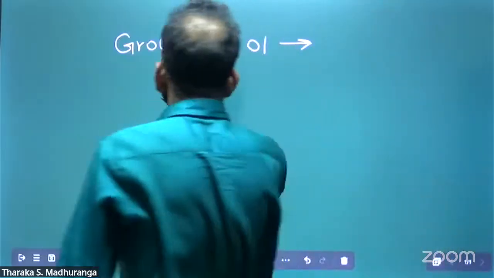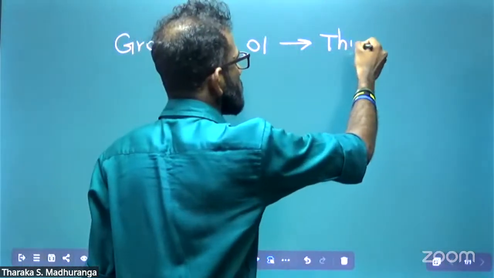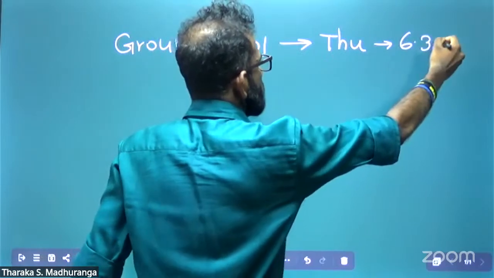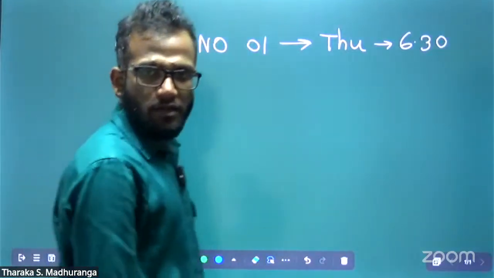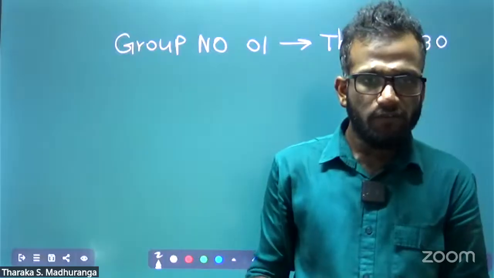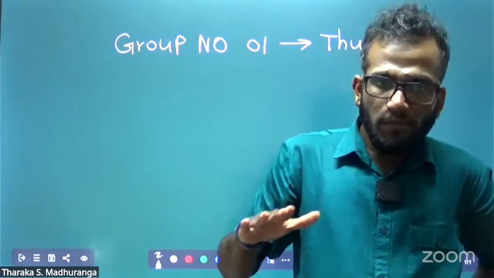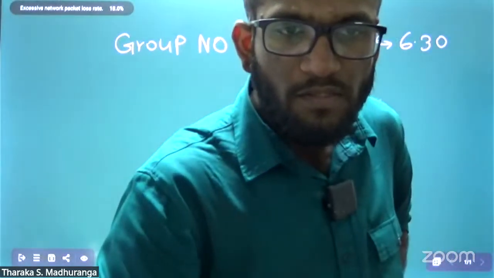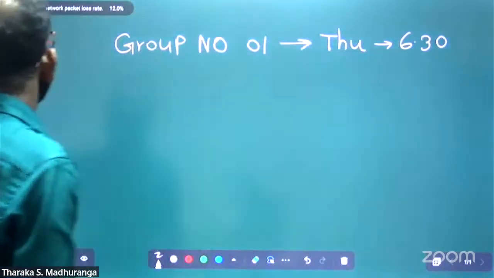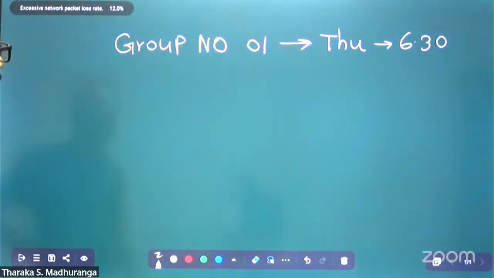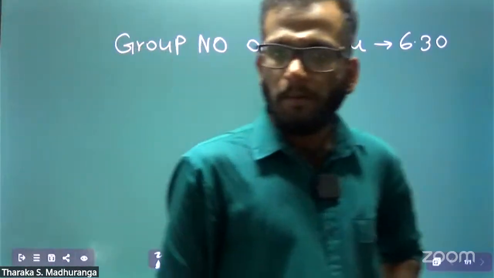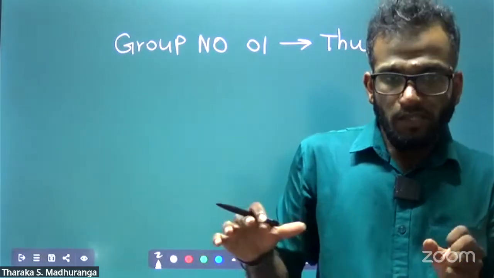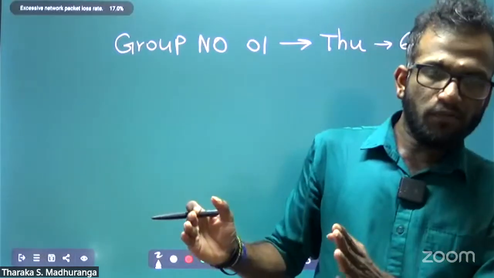It is Thursday 6:30. This is group number 1. In this main class, we have now covered the measurement lesson and the forces lesson.